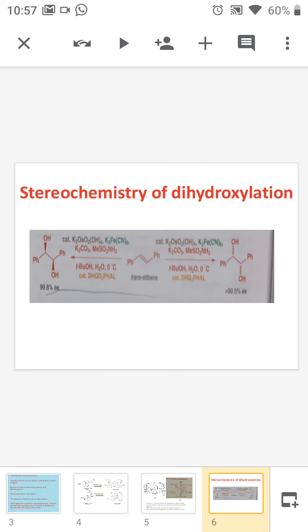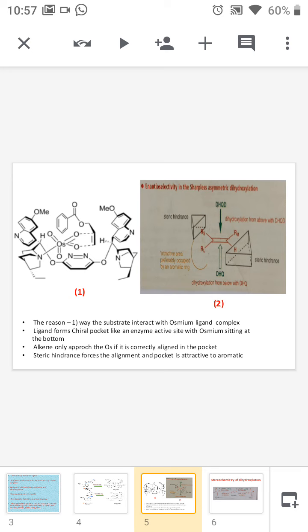This is mainly due to the approach of the aromatic ring towards this pocket. DHQD approaches the alkene from the top, and DHQ approaches the alkene from the bottom.